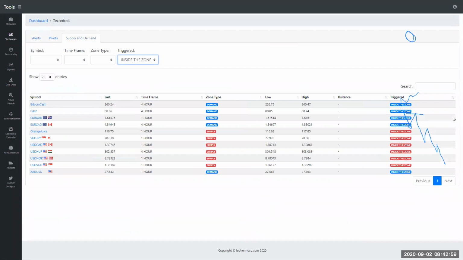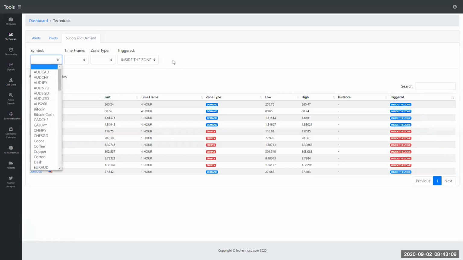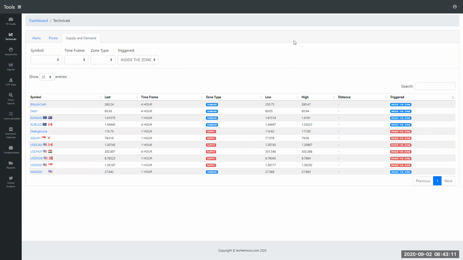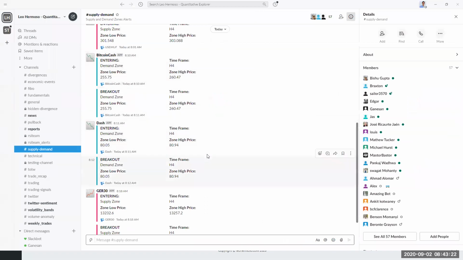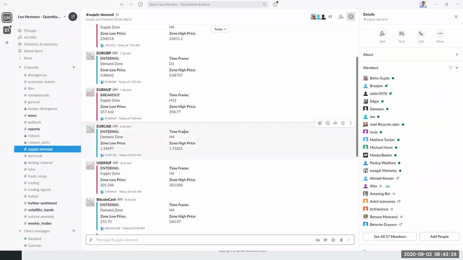It's updating every 3 seconds. So if you don't want to see the alerts on Slack, but prefer to see for yourself here, because you can filter, I'm going to add another filter here for groups of assets, like currencies and cryptocurrencies. Or you can leave the channel, or you can mute the channel.